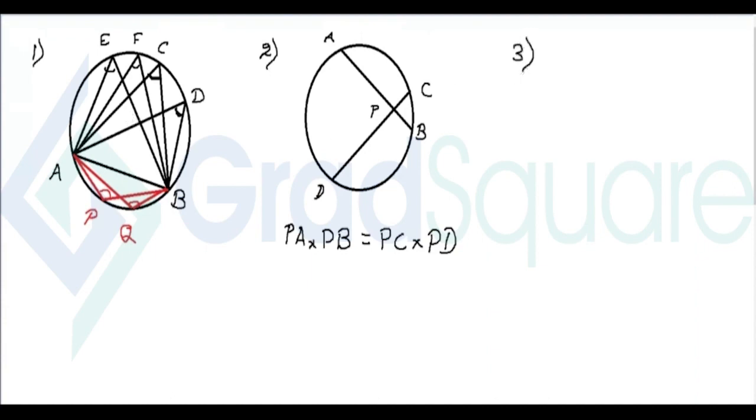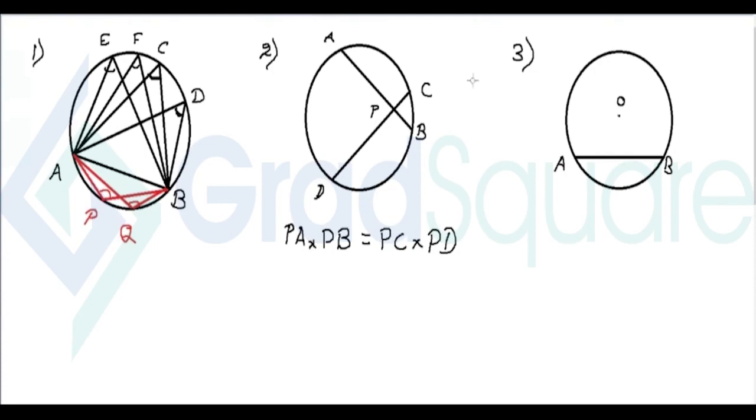Third theorem in circles is a very famous theorem. We have all studied this theorem in school. So for this, suppose I have a circle. Let me take a chord inside the circle, and suppose the center of the circle is O. Okay. And suppose this chord is AB.